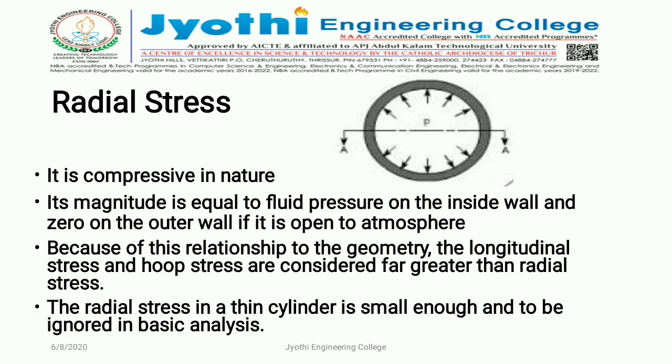Due to the geometry of thin-walled sections, radial stress is very small compared to the hoop stress and longitudinal stress. Therefore, radial stress is usually neglected in the analysis of thin-walled sections.